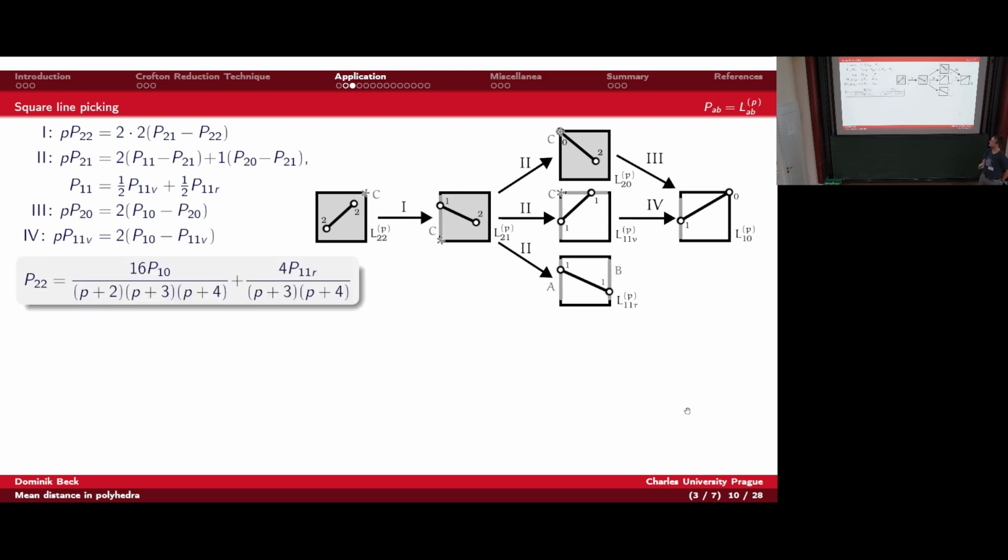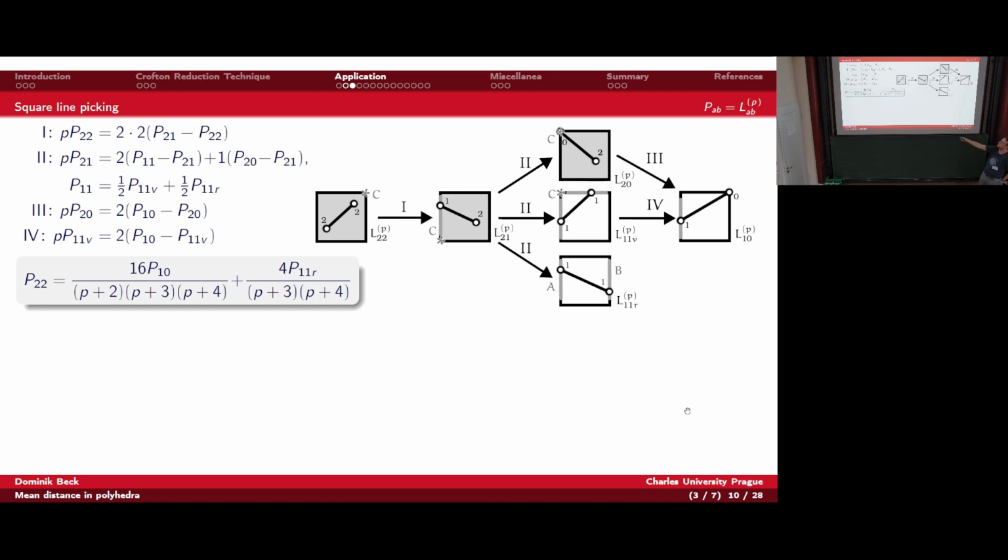In fact, this mean value of P, which you can treat as a mean value of distance or any power of distance, is just a linear combination of mean values between a point located on one side.